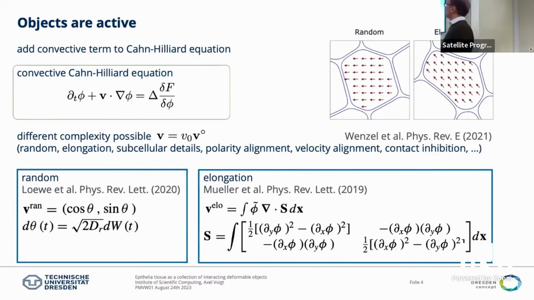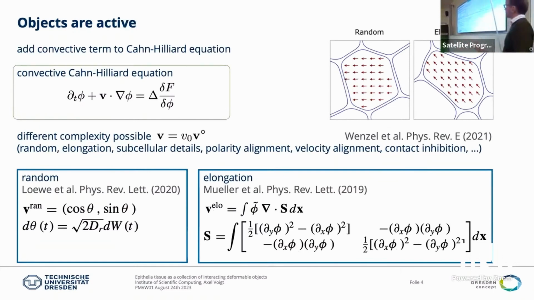The next thing was that our objects are active. So active in this sense means that they have some chemical energy, and they transform this into motion or deformation. And the way this is modeled here is by considering a convective term in our Cahn-Hilliard equation, and this velocity we describe by a self-propulsion velocity, some strength of the activity, and let's say some direction.